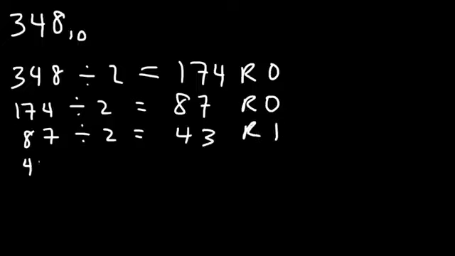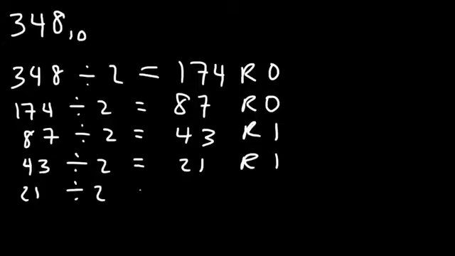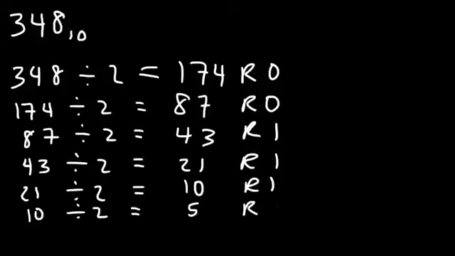Now, if we take 43 and divide that by 2, that's going to be 21.5, which is 21, remainder 1. Then we need to take 21 and divide that by 2, so that's 10.5, which is 10, remainder 1. Then 10 divided by 2 is exactly 5, so 5 remainder 0.